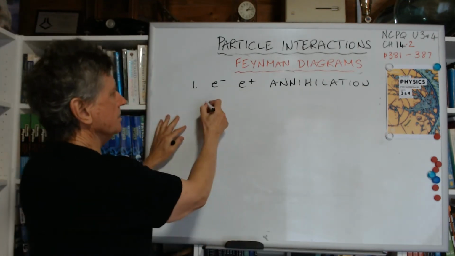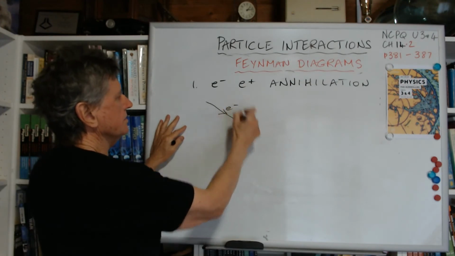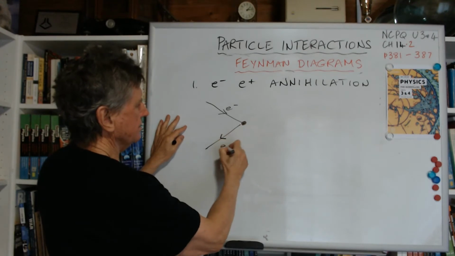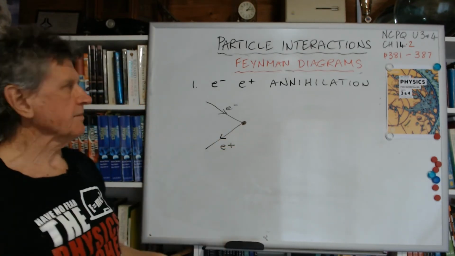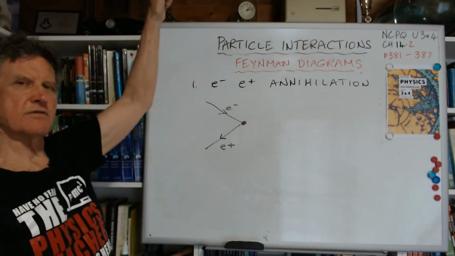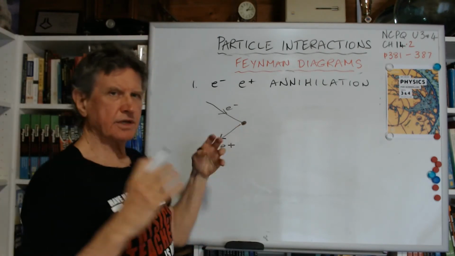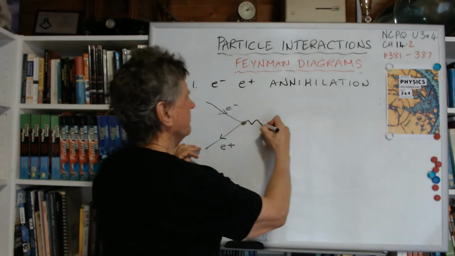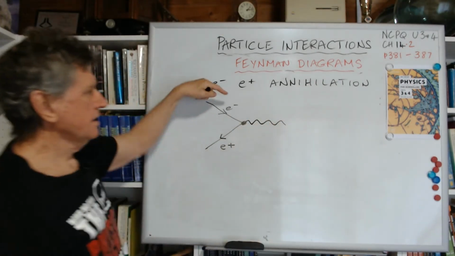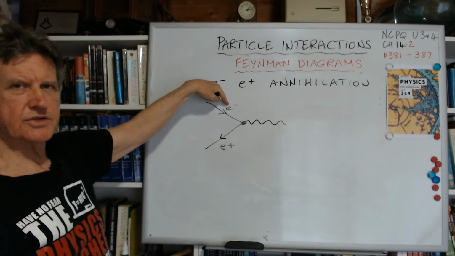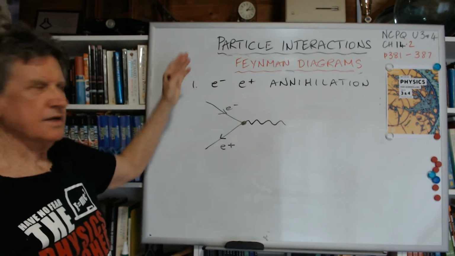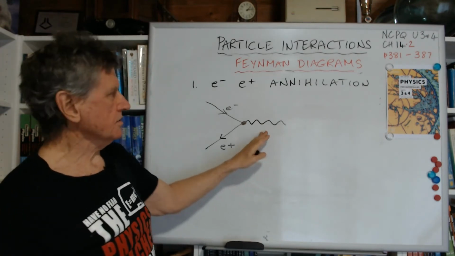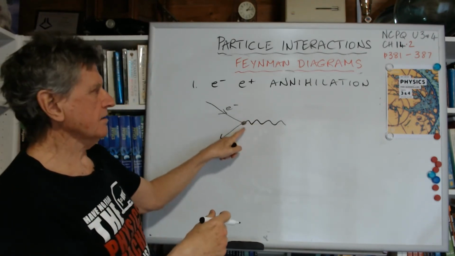So you've got this, so there's the electron, and here's the positron. So they're coming together, but instead of bouncing off, they actually combine, and when you think about it, their charges will cancel out. So this particle here, and remember you have to have a gauge boson as the third part around a vertex.